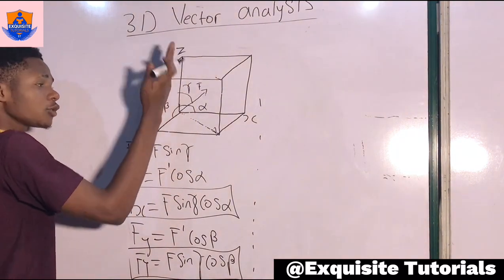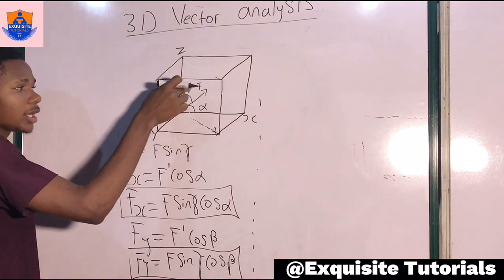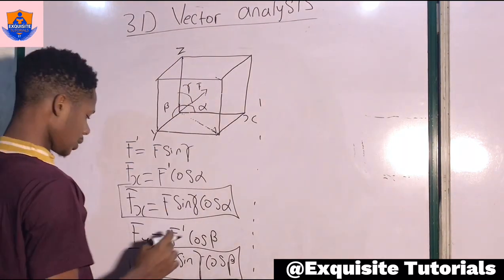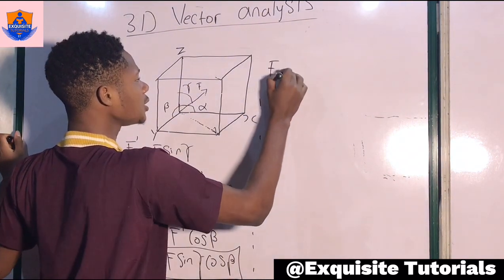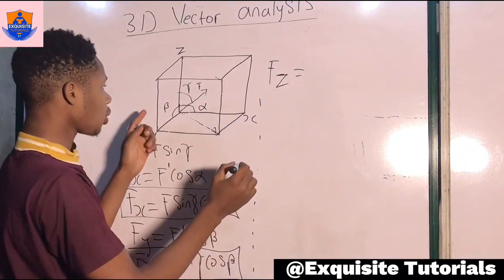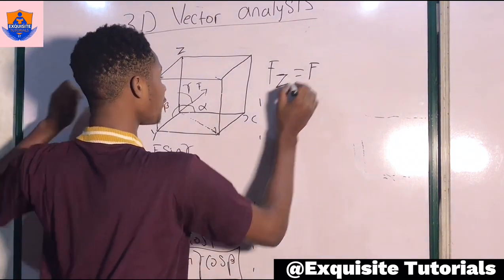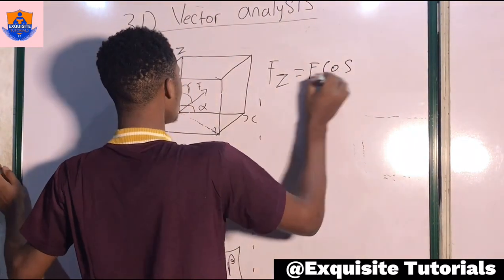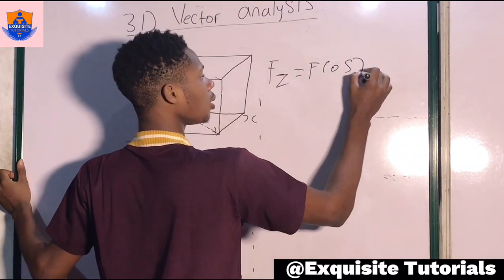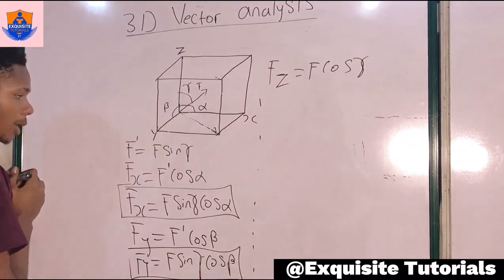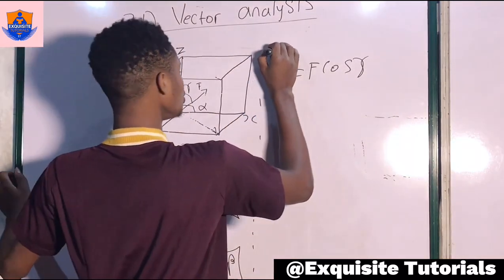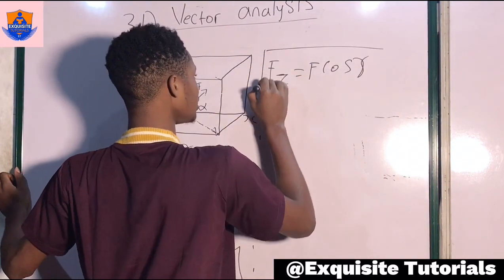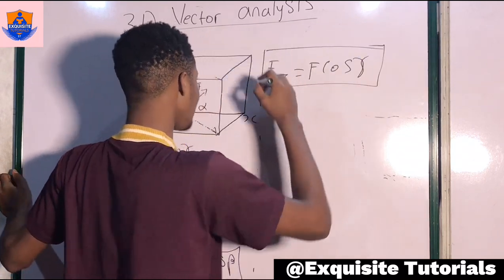We just simply resolve to the z-axis because the angle we're having is directly to the z-axis, and of course fz automatically becomes f, instead of f prime in this case, f cosine of the angle gamma. Okay, so this is the resultant we get when we resolve to the z-axis.